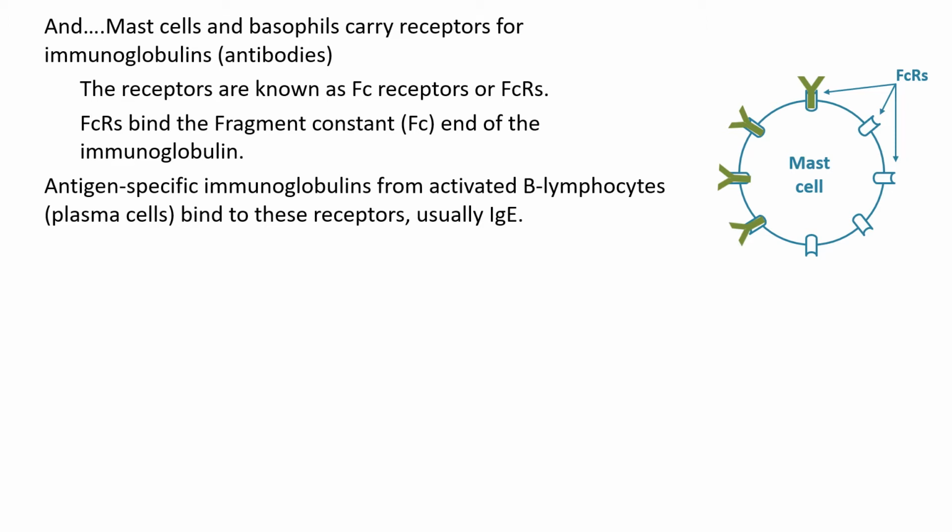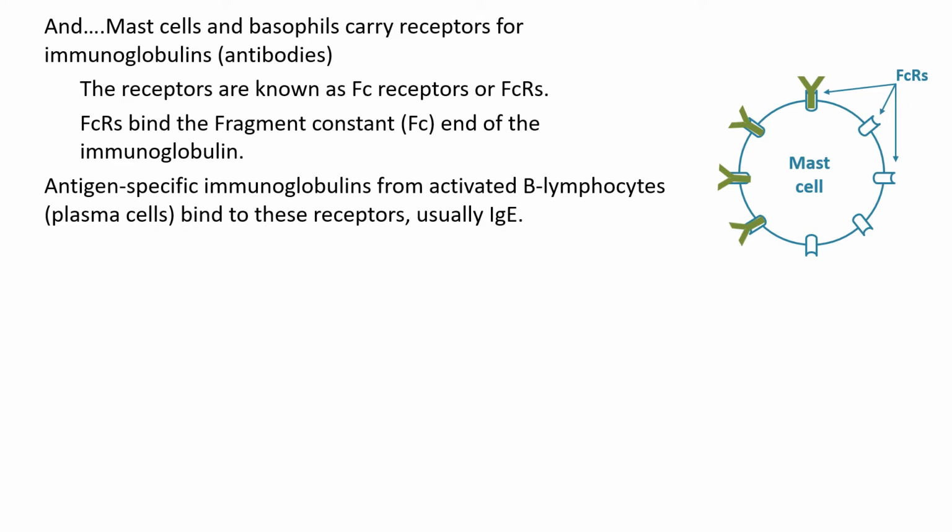Antigen-specific immunoglobulins are synthesized and secreted by activated B cells or B lymphocytes that have differentiated into plasma cells. These plasma cells then secrete lots and lots of antibodies. Those antibodies, the 2 points at the top of the Y, are antigen specific. The bottom of the Y is the Fc end, and it's the Fc end that binds to these receptors.